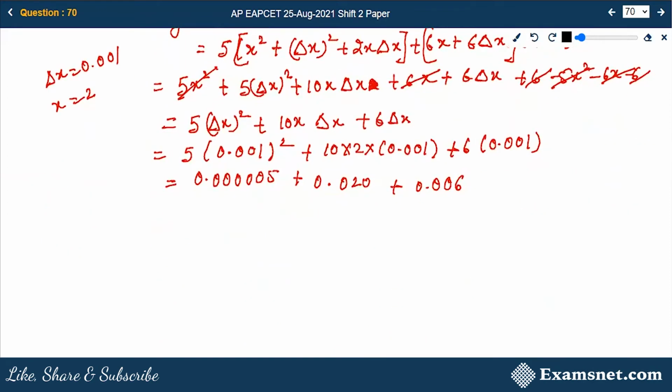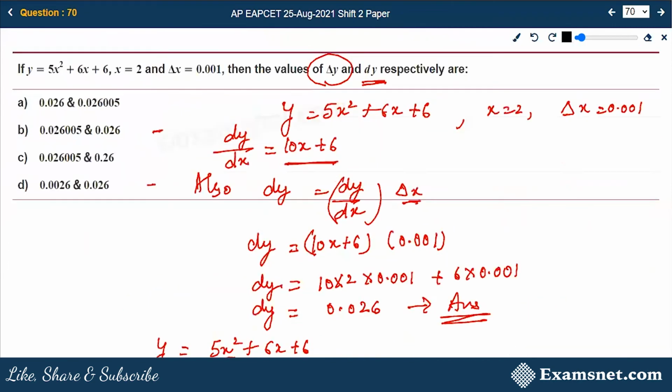So solving the whole thing, you will have 0.026005 as your answer. So let's see which is the correct option. B is the correct option for this question.